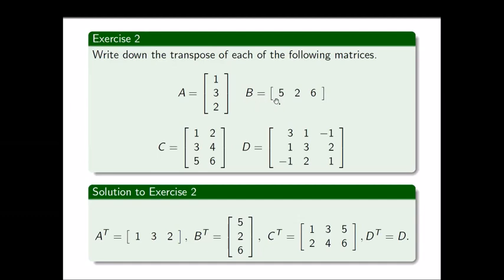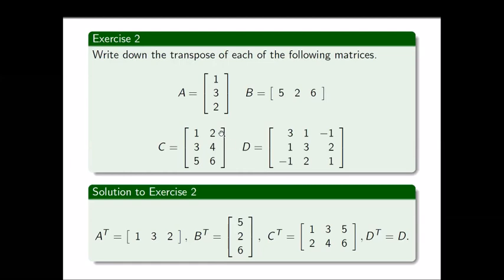When we're trying to take the transpose of B, we end up converting this 1 by 3 matrix into a 3 by 1 matrix. For C, we take this first row 1, 2, and it becomes the column 1, 2. The row 3, 4 becomes the column 3, 4, and the row with entries 5, 6 becomes a column with entries 5, 6.